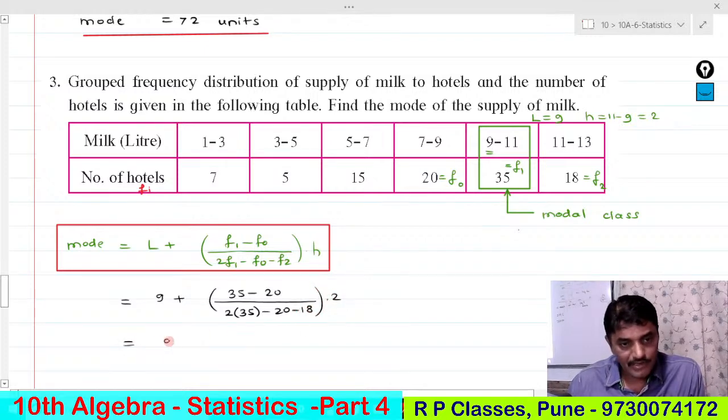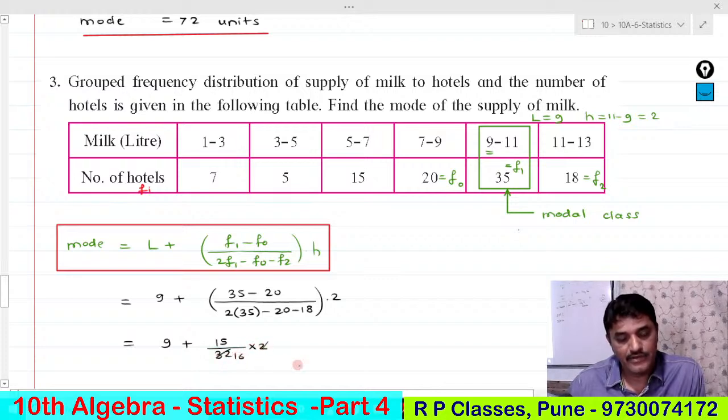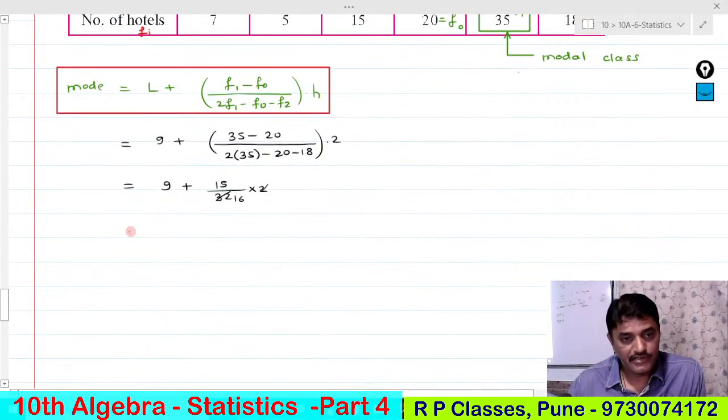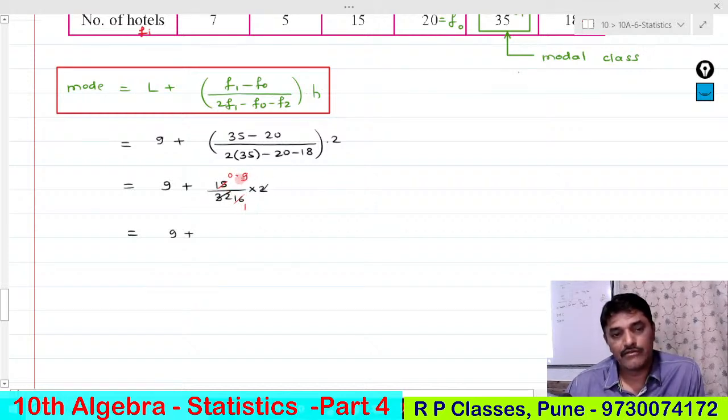So that will give me 9 plus 15 upon 16, and then dividing 15 by 16 step by step.